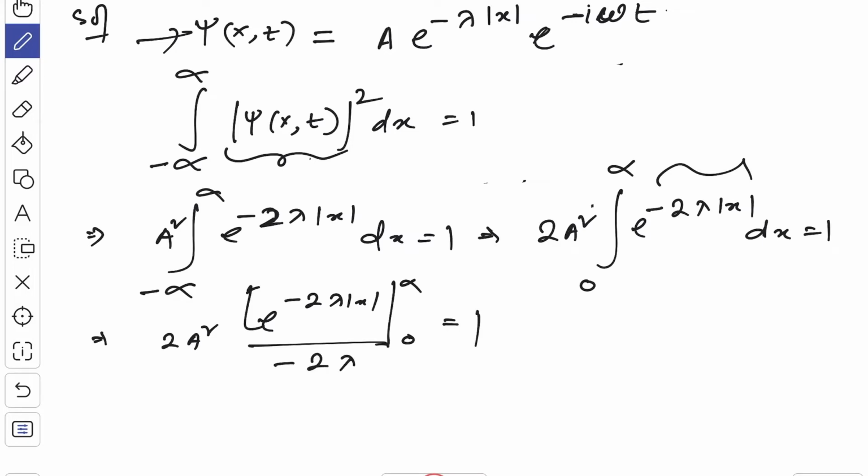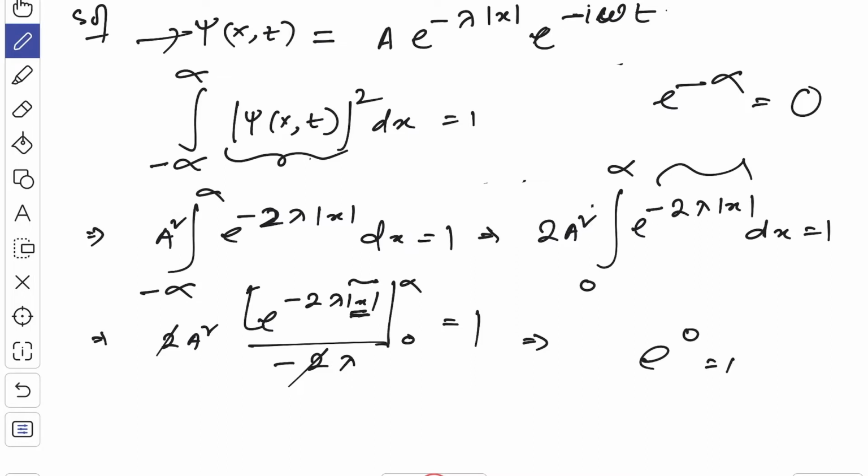1. So here 2 is gone, and you can see, if you put infinity here, then e to the power minus infinity is 0, and if you put 0 here, then we get e to the power 0, which is 1.